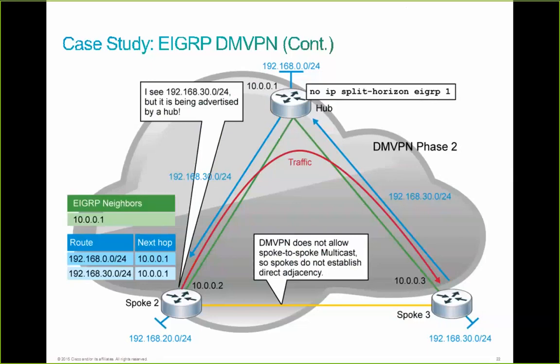All right? Again, this really allows us to reduce the total number of established adjacencies in our DMVPN mesh networks with a high number of spokes, and it allows us to use low-end routers in our branch offices because we don't have a high number of adjacencies in the spoke locations, only in the hub location.